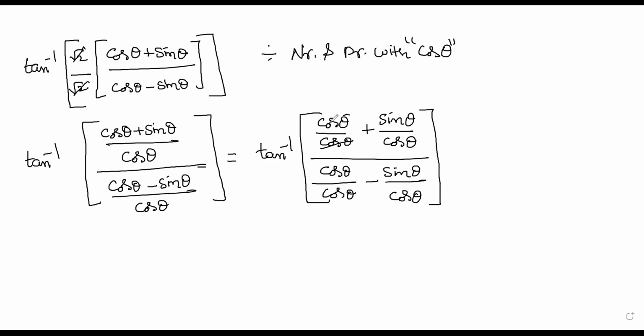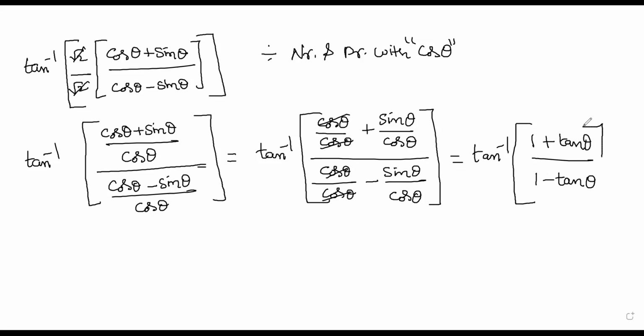So cos theta gone, here cos theta gone. Sin theta by cos theta is tan theta. So you have tan inverse of 1 plus tan theta divided by 1 minus tan theta. This is the transformation you have to get.